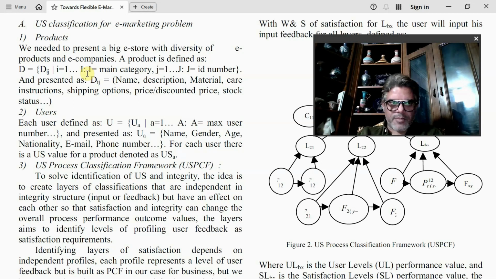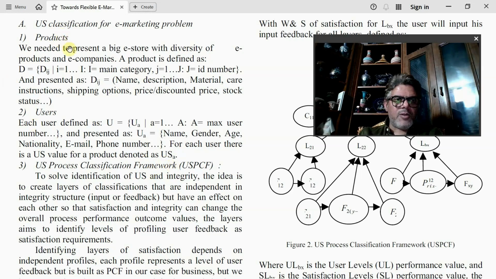Okay, so can you relate my user satisfaction in the sense of my old car process classification framework to the new product? Yes, of course I can.